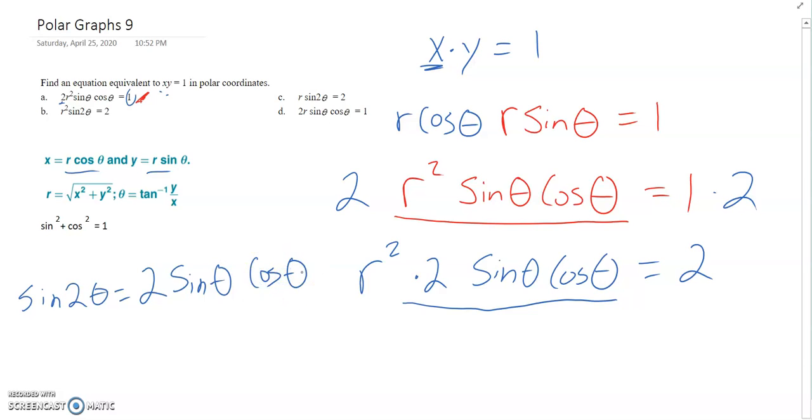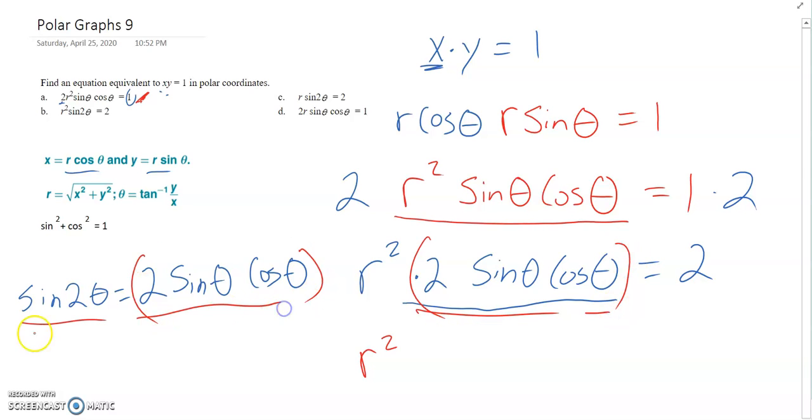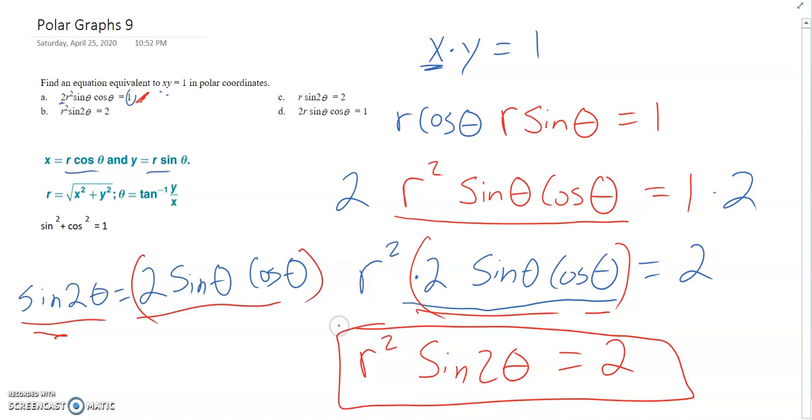So this part right here can actually be replaced with just sine of 2 theta. So we get r squared, plug this part in right here, so sine of 2 theta equals 2. So we actually get answer choice B if we use a double angle identity.